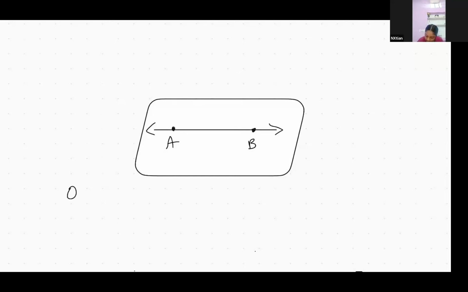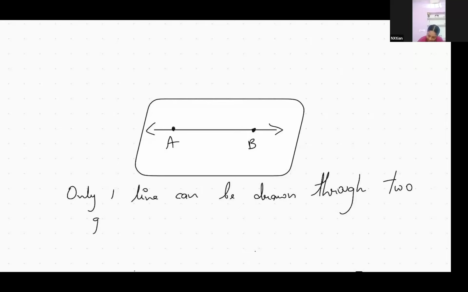So this is known as only one line can be drawn through two given points on a plane. I hope this part is clear to all.